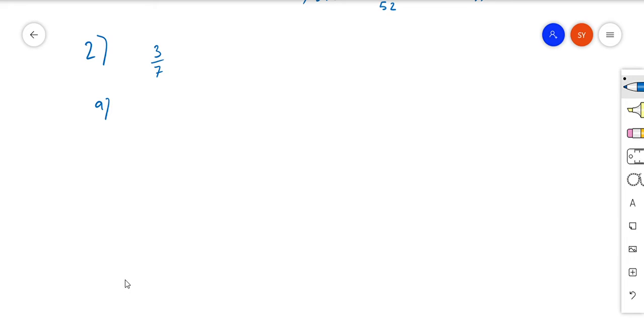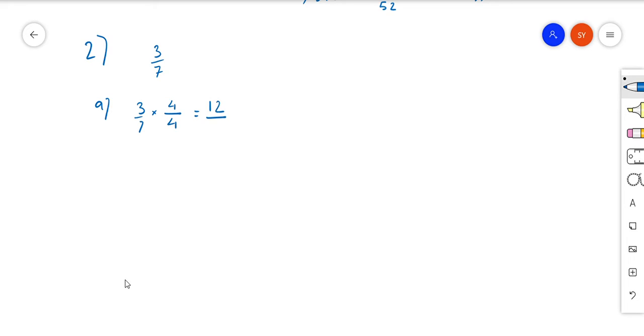So we want the numerator to be 12. Numerator is the top part, denominator is the down part. So 3 by 7 multiplied by what number will give us 12? We know that 3 multiplied by 4 gives us 12. Whatever number you are multiplying at the top, we have to multiply at the bottom. 4 and 4 will get cancelled and finally we will have the same standard number.